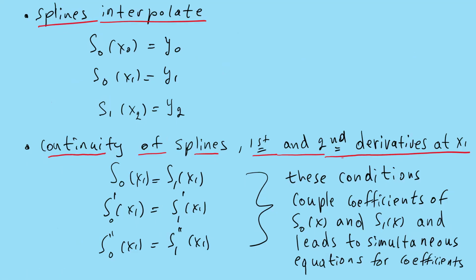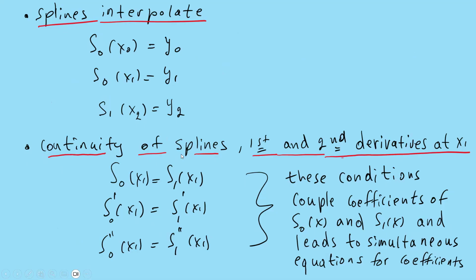This connection joins the two cubic polynomials and creates a smooth curve across the intervals. And these are the other equations that meet these criteria.